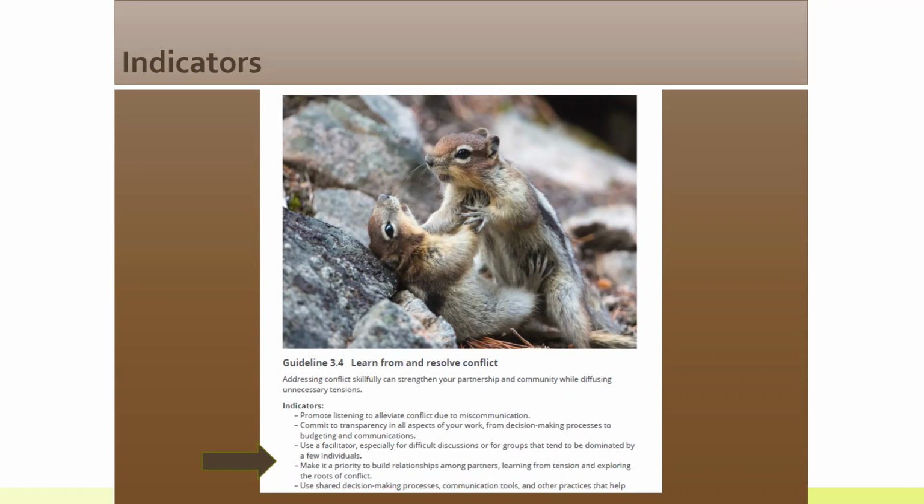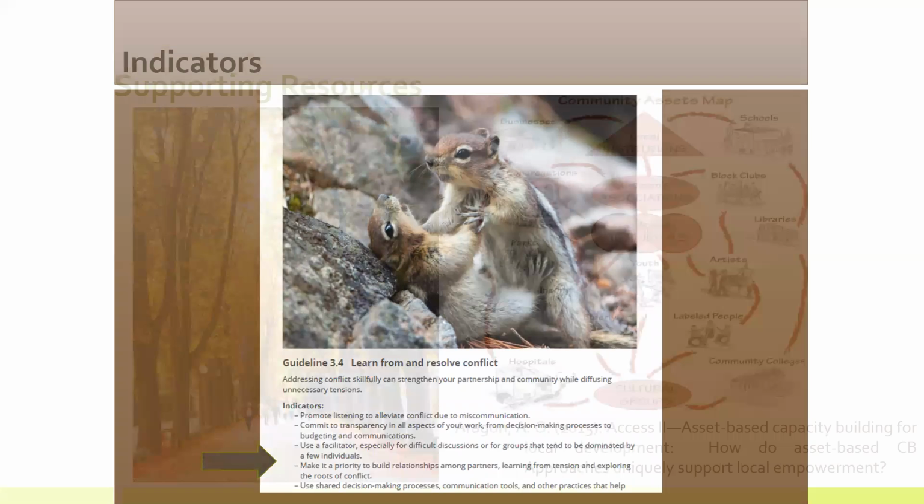But then you also have indicators. So these indicators, or attributes, are how you actually can achieve each of the characteristics in the guidelines themselves. So the indicators actually give you really good ideas on how to work towards learning from and resolving conflict, for example.